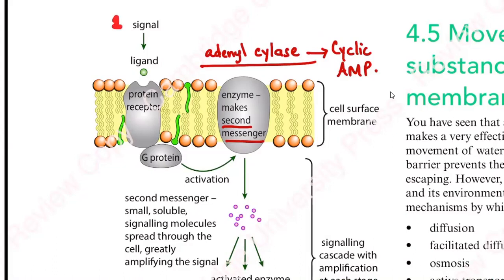And then? And then it signals the G protein, which activates the second messenger. So step 1 is binding of the ligand to the protein receptor. Step 2 is activation of G protein. Step 3 is? The second messenger is made because of the activation. Activation of what?